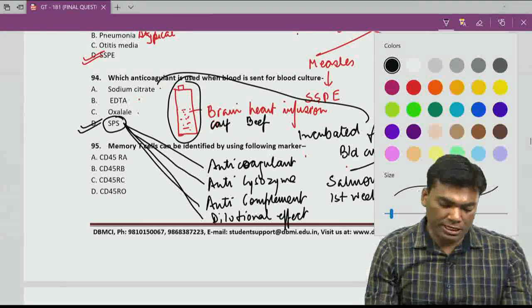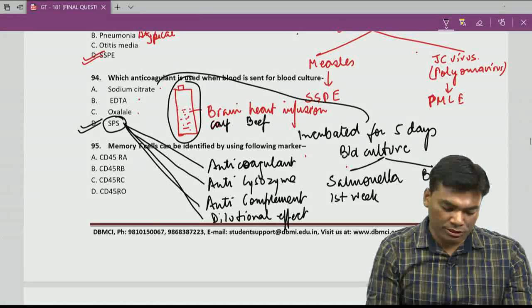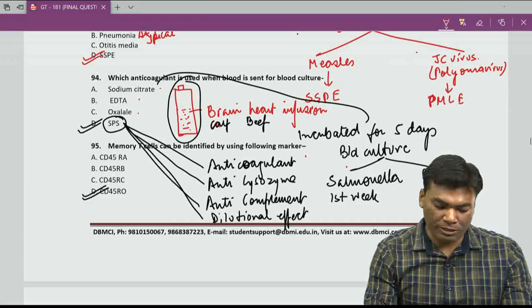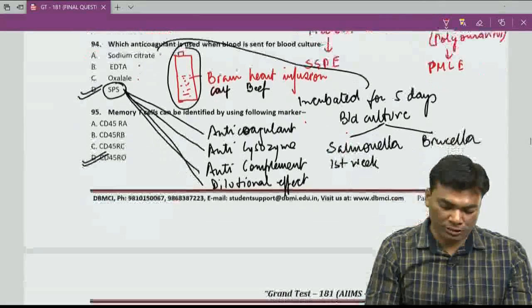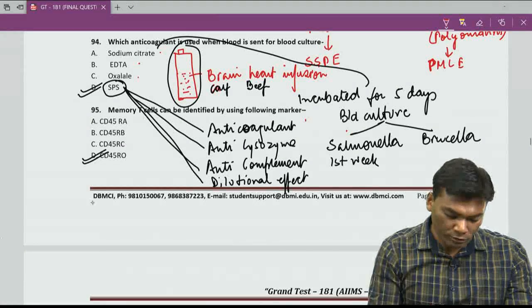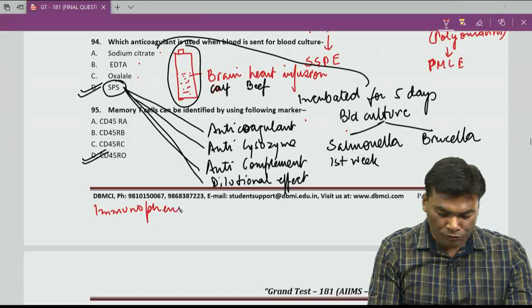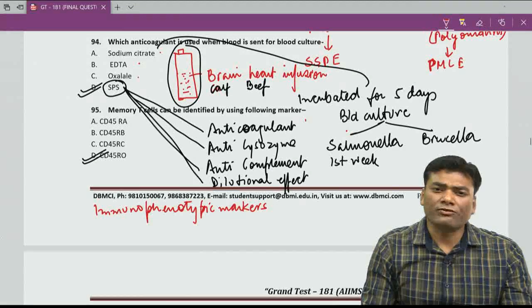Next question says that memory T cells can be identified using the following markers. So the answer here is CD45RO. You should know that there are certain important markers, known as immunophenotypic markers. We can identify a cell by a marker.